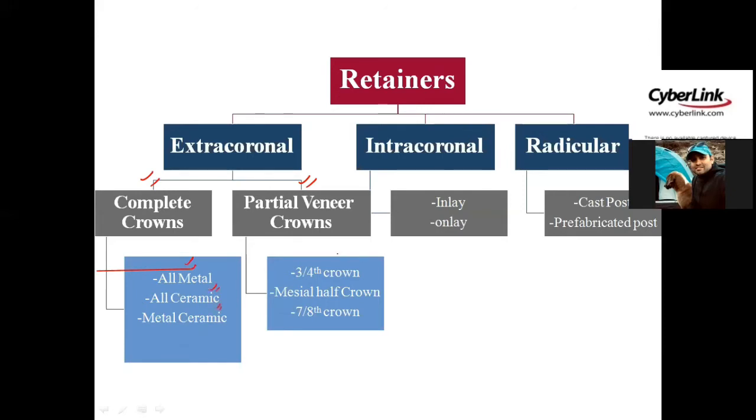In partial veneer, there are 3/4 crown, mesial half crown, 7/8 crown. Intracoronal retainers are inlay and onlay. Radicular retainers are cast post and fabricated post, because they are going inside the pulpal system, the radicular system.